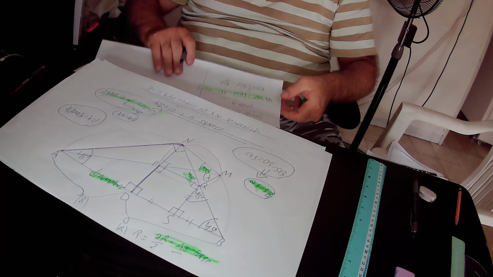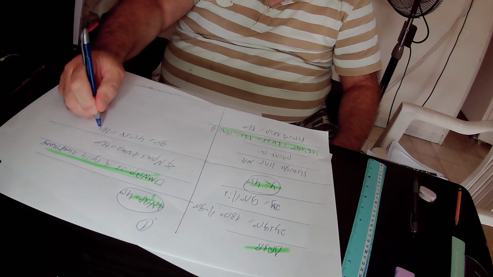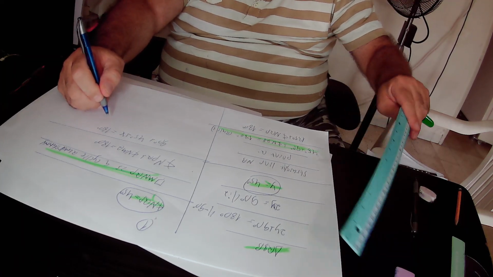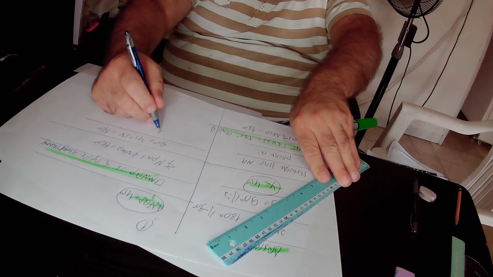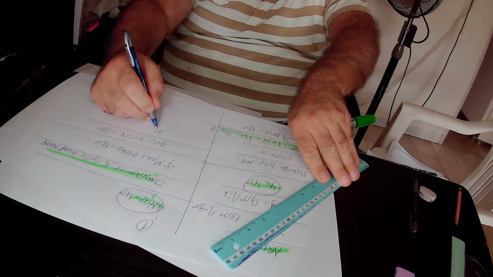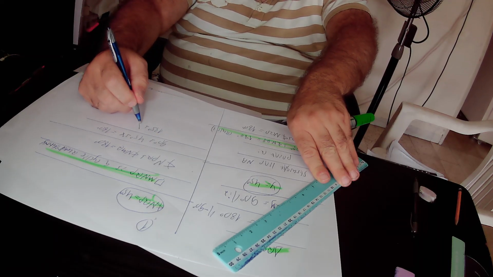In total, it must be equal to 180 degrees. 90 degrees plus 45 degrees is 135 degrees. So on this side of the equation, we have 135 degrees plus x.